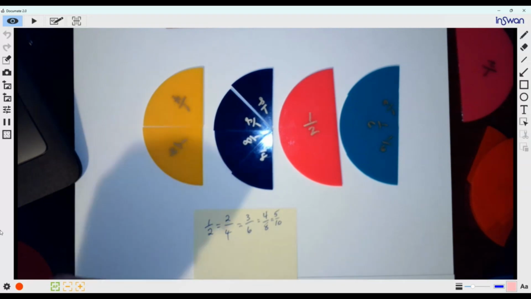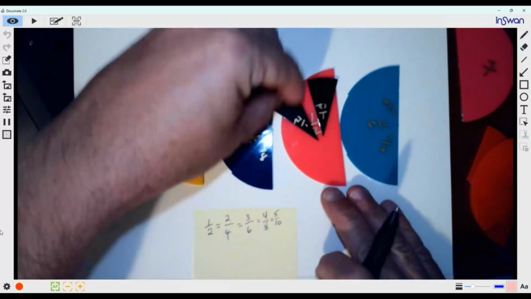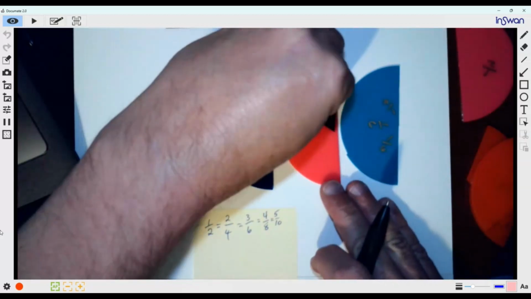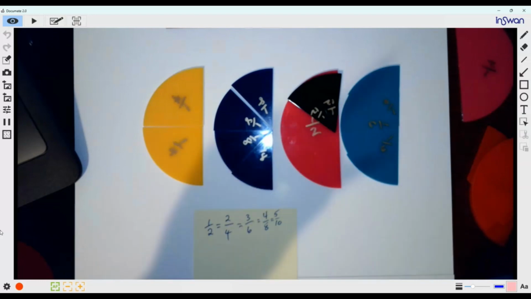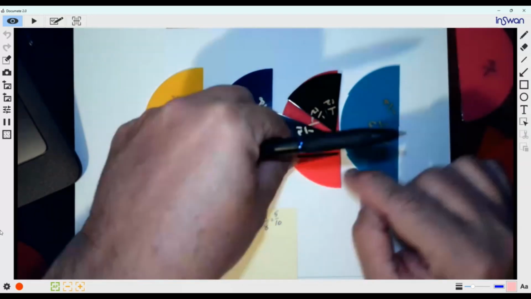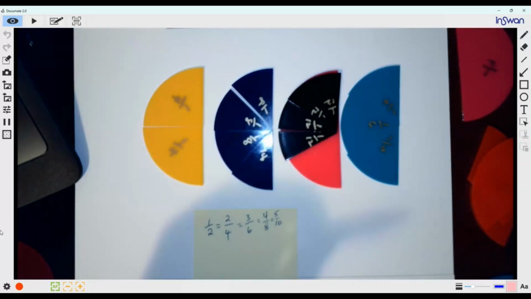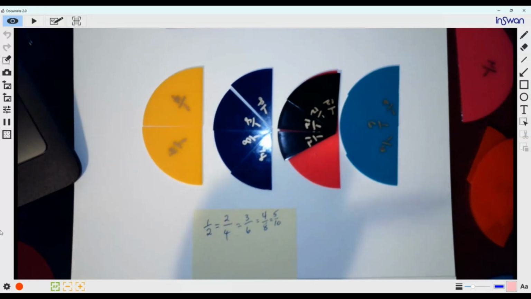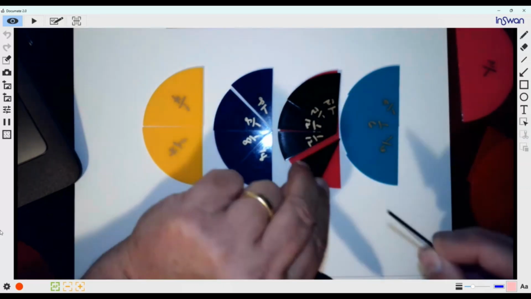If I decided to break the 1/2 piece into twelfths, well, if I take the 1/2 and I break it up into equal pieces, I'll put them on here first, and then I'll count them up for you.